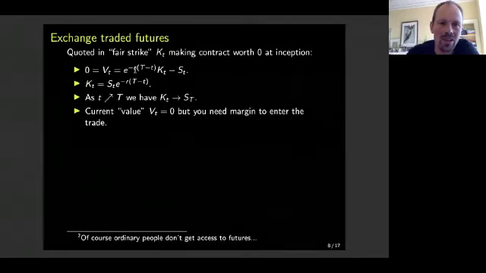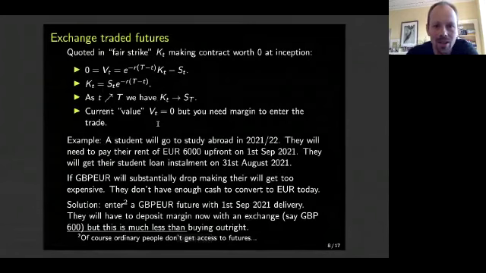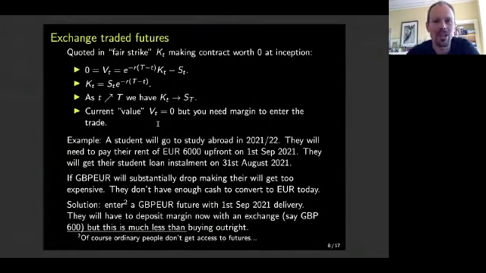And again, if you throw away the interest rates, the fair price is exactly the price of the underlying. And the contract is worth 0 when you enter it, but of course it's on an exchange, so we have a margin. And I do have this example on the slides, but it's slightly contrived, and I am a little bit short of time, so I'll skip it.